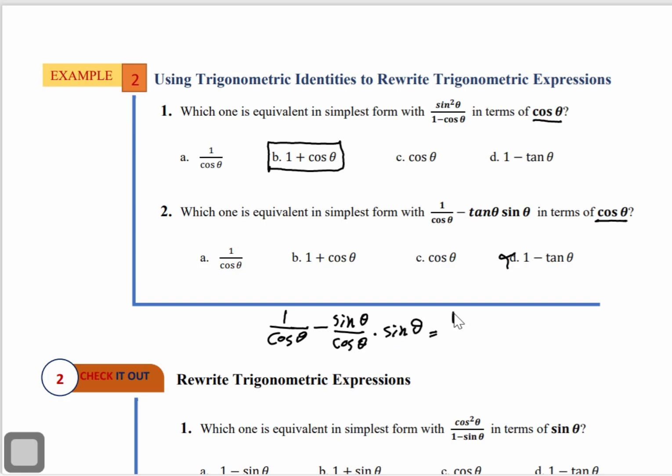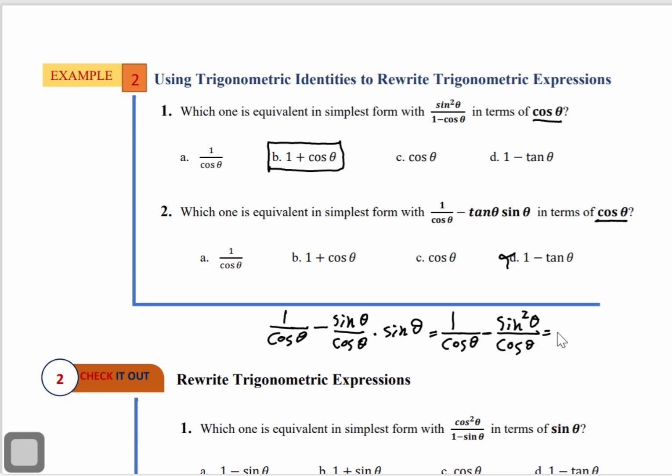It will be 1 over cosine theta minus sine multiplied by sine, which is sine squared theta over cosine theta. Here we have like denominators.